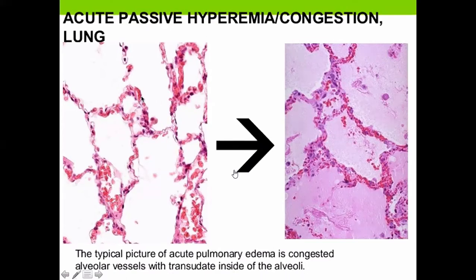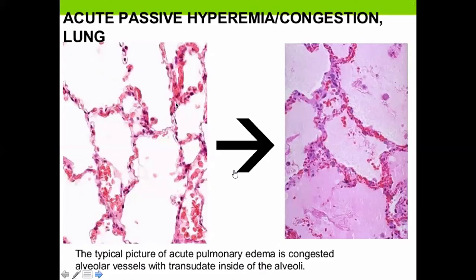If you look at the lining cells here, dumami ang mga red blood cells. Remember, may mga blood vessels diyan. Compared to the normal, wala namang mga red blood cells. If we get a closer view, normally may mga maliliit yan na blood vessels dito. But if there is congestion, dumami, kasi di ba may back pressure. So dumami ang mga red blood cells diyan. So this is a congestion.